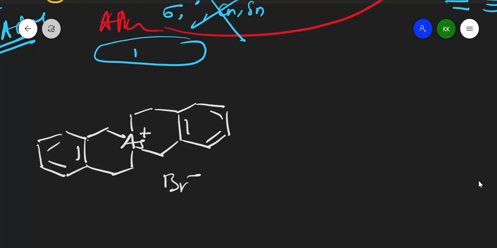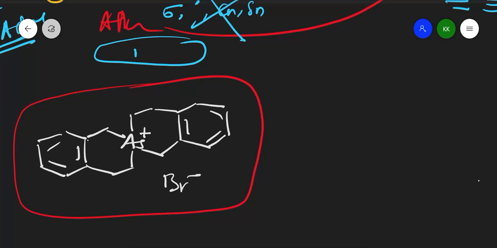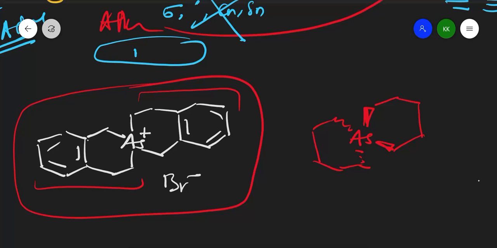So about this thing also I have explained it, arsenic, stereochemistry of arsenic. There if you see it, it looks like in plane only, but the thing is this arsenic is there, right? So one of the ring will be above the plane like this, and one of the ring will be below the plane like this, because of which there will not be any symmetry elements.